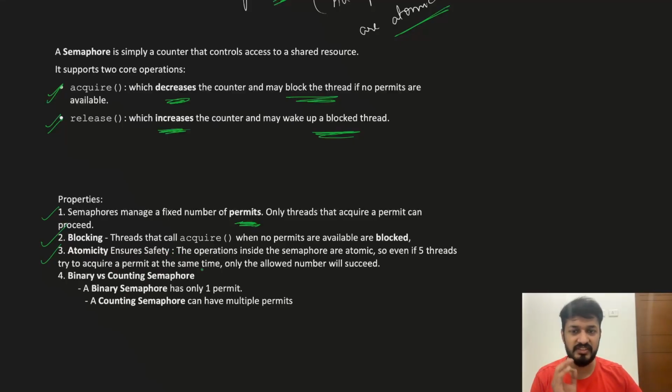It ensures that the operations inside the semaphore are atomic. So even if 5 threads try to acquire a permit at the same time, only the allowed number will succeed. Fourth is a term we use in the semaphore world, which is binary versus counting semaphore. A binary semaphore has only one permit, and if a semaphore has multiple permits, it is known as a counting semaphore.